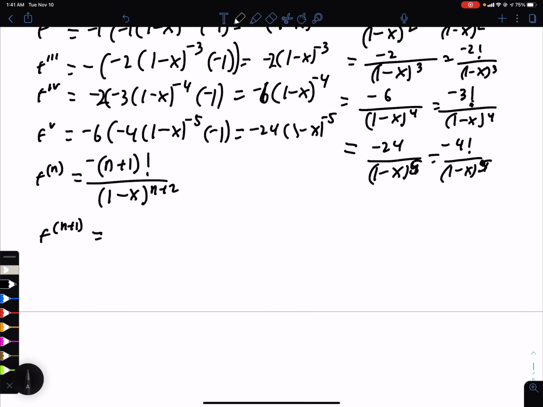So that's going to change everything. That's going to make this negative n factorial over 1 minus x to the n plus 1 power.